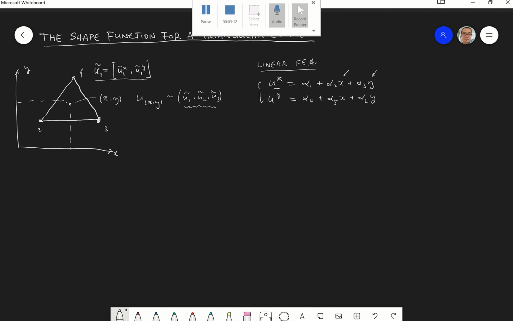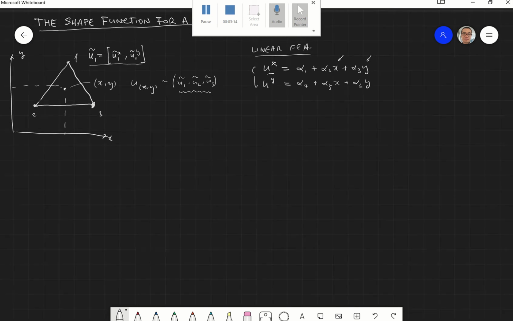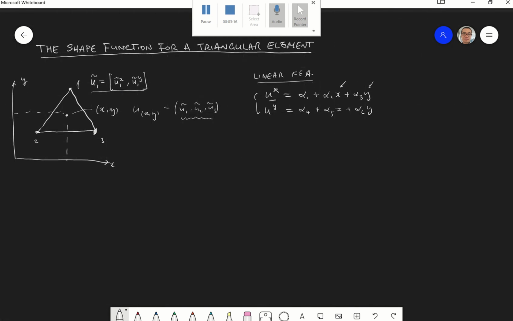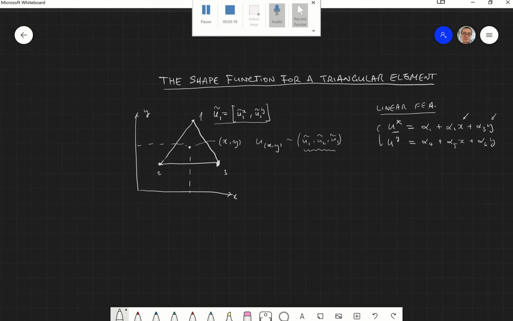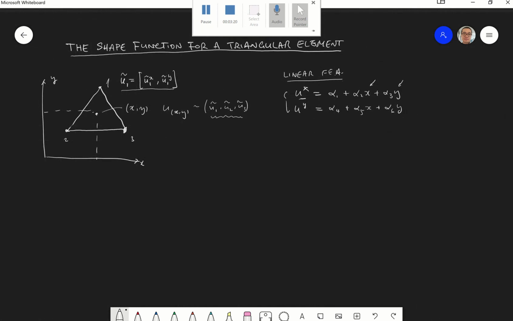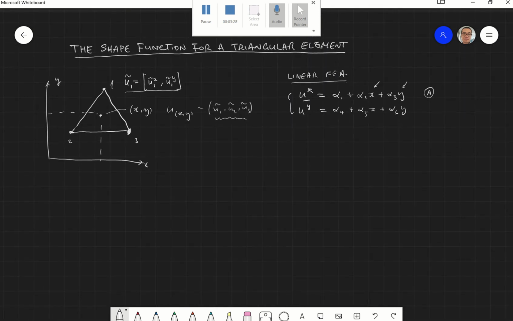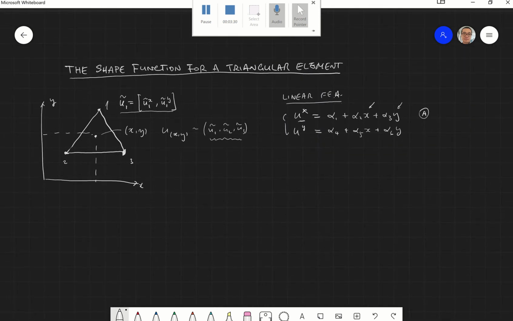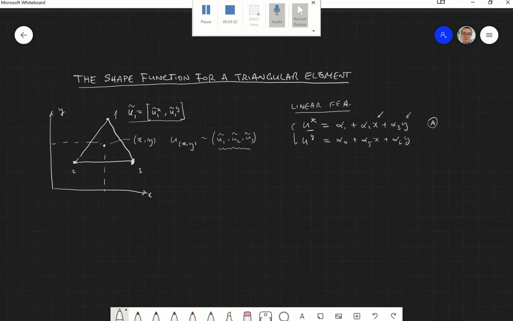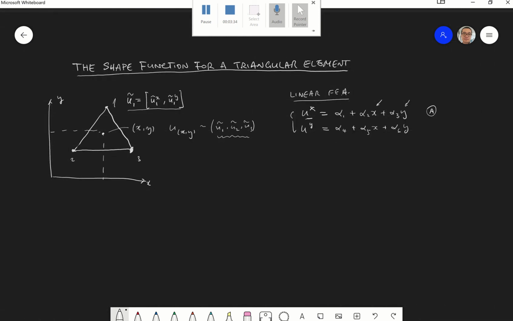They are very similar in form. So for this lecture, we're going to focus on solving ux first. We'll just solve ux as an example, this equation A.